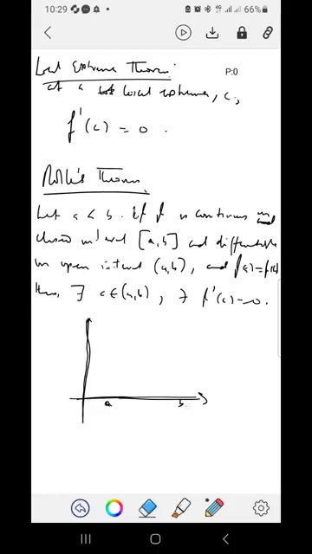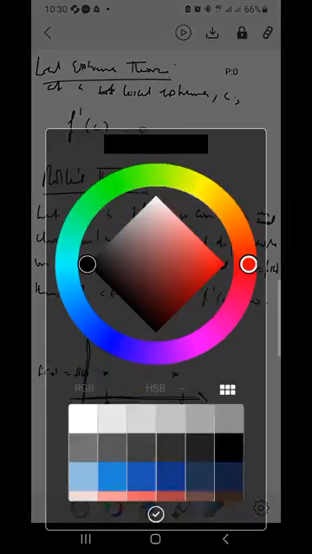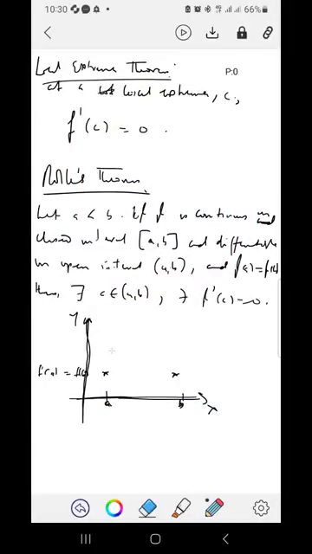So we are saying a and b have the same value on the y-axis. This is the y-axis, and this is the x-axis. Say this point here is a and b, so f(a) is equal to f(b). Let me pick another color to make things exciting. This is my curve.